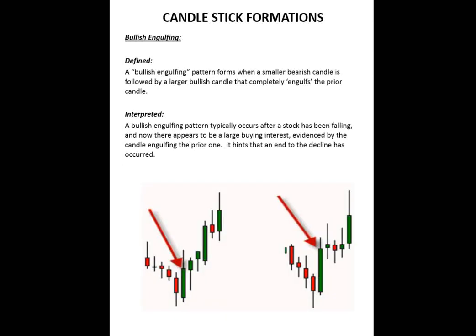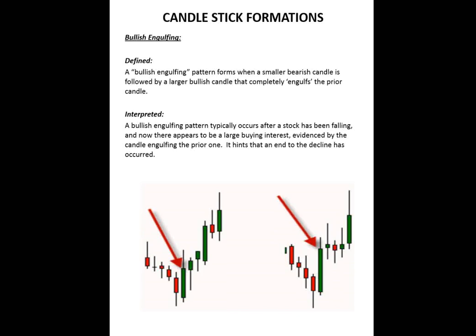Then you've got something known as an engulfing candle. We've got a bullish and a bearish engulfing. A bullish engulfing is here. You can see I drew the candle bodies to be green just to confuse you. What happens is you'll have a bearish formation, so price going down, down, down, down, down. The next day, price will gap lower. You can see the open of that green candle with the arrow pointing at it is below the close of the prior candle.